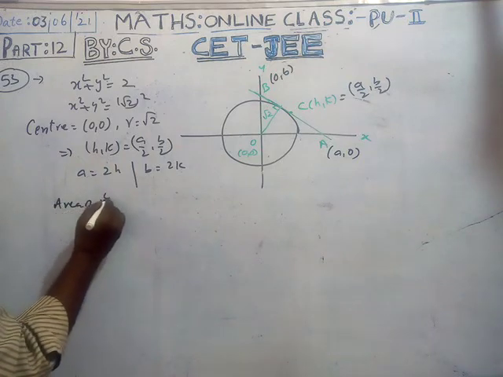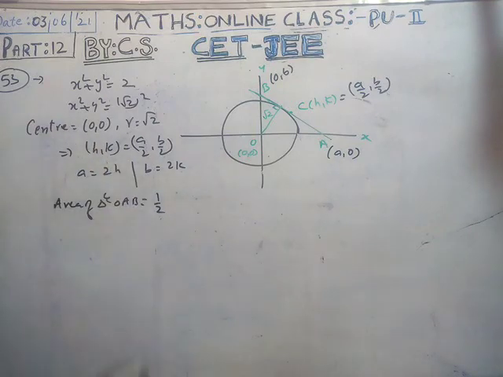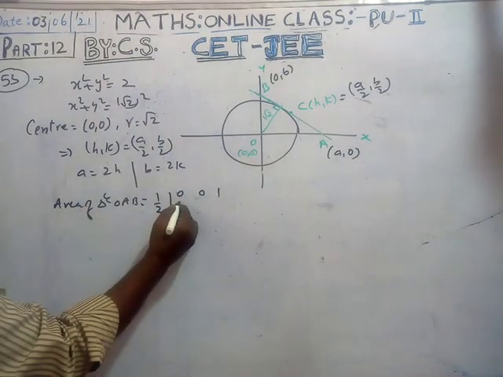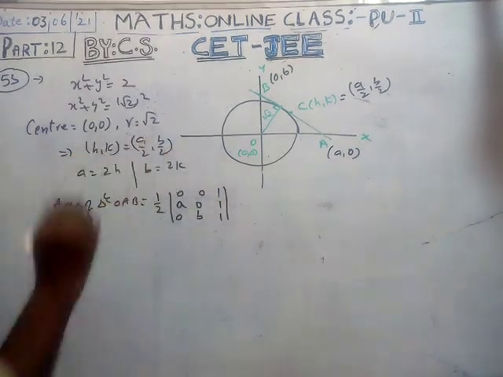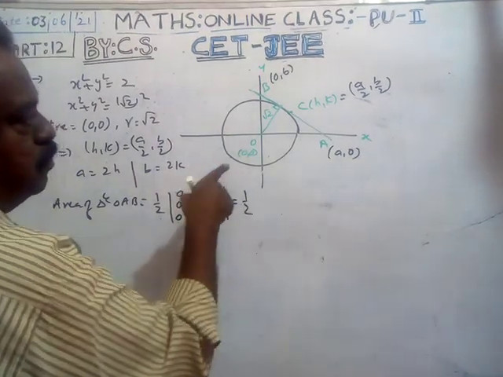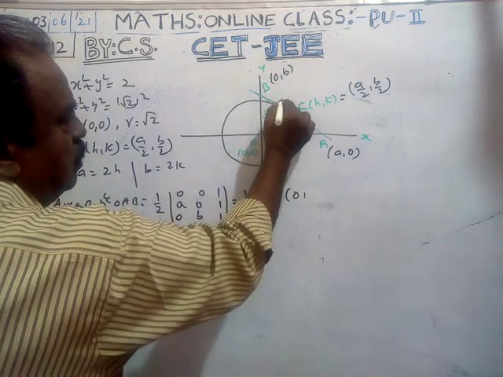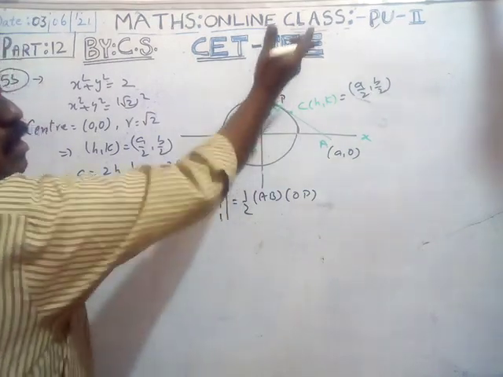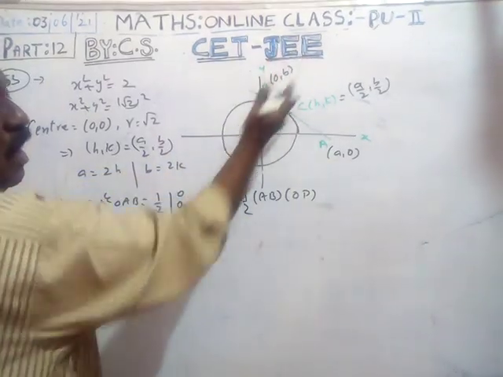The area of triangle OAB, with the three points 0, 0, 1; A, 0, 1; 0, B, 1, is 1 by 2 of that determinant. And again it is equal to half base AB into height OP. The radius is perpendicular to the tangent, so it is the altitude, the height.